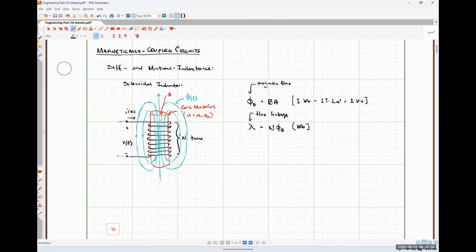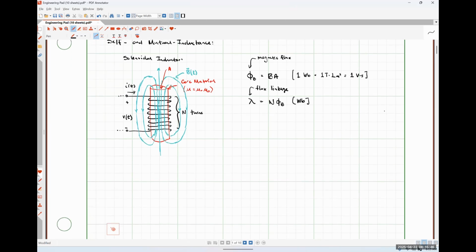In a linear system, flux linkage and the current that is flowing through our coil are related to each other by what's known as the self-inductance of the coil, okay?